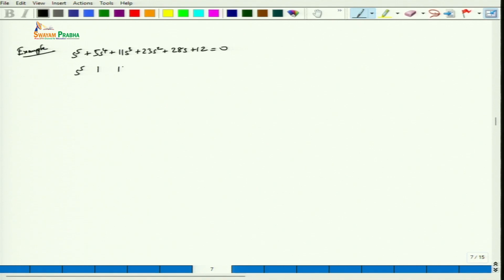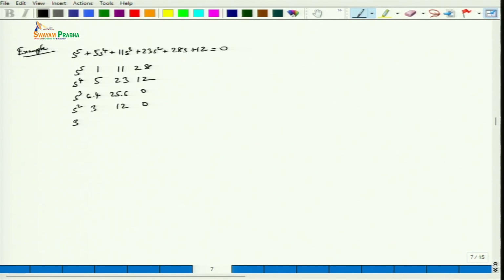So we will get 1, 11, 28 here, here 5, 23, 12. Once we come to s cube, we start with 6.4, 25.6, 0, s square 3, 12, 0.